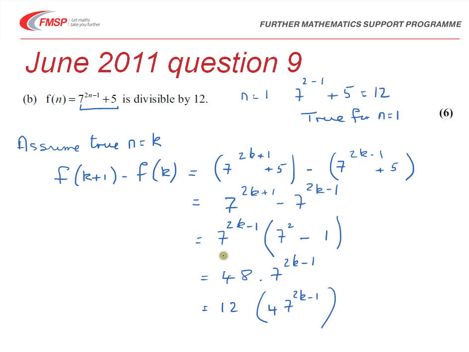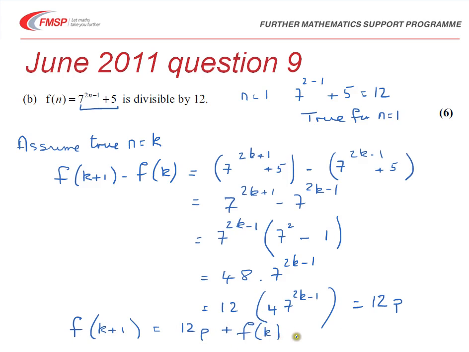And hence it's equal to 12 times something. Let's call it p. Now that's for our difference of the terms, but we want to show that f of k plus 1 is divisible by 12. So just rearranging then, f of k plus 1 is equal to 12p plus f of k.